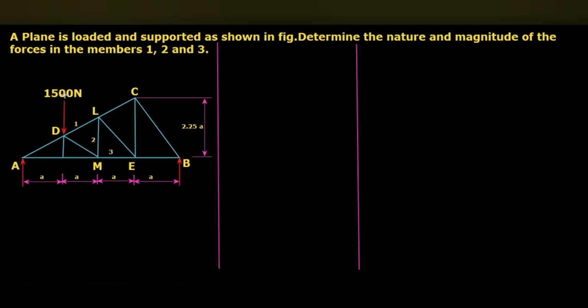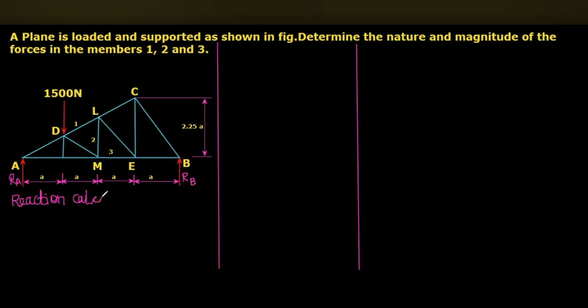So here, first thing, we have to calculate the reaction. So the reaction calculations. This will be the reaction at point A, RA. This is the reaction at point B, RB. Actually, the consideration is that this frame should be in equilibrium.